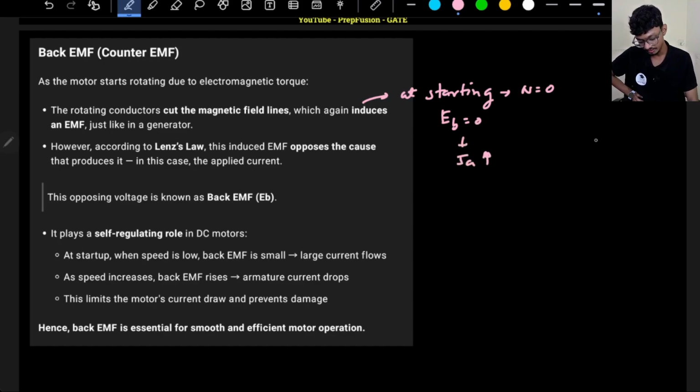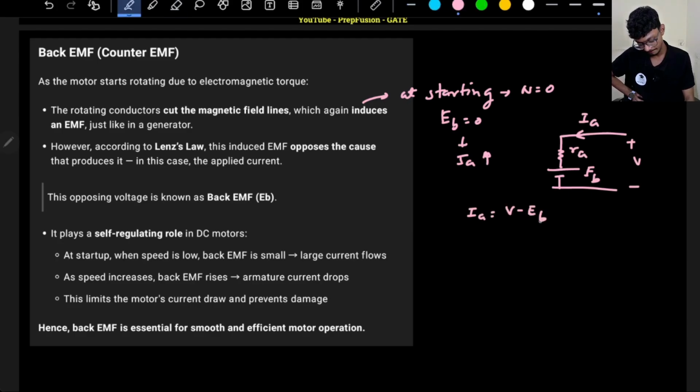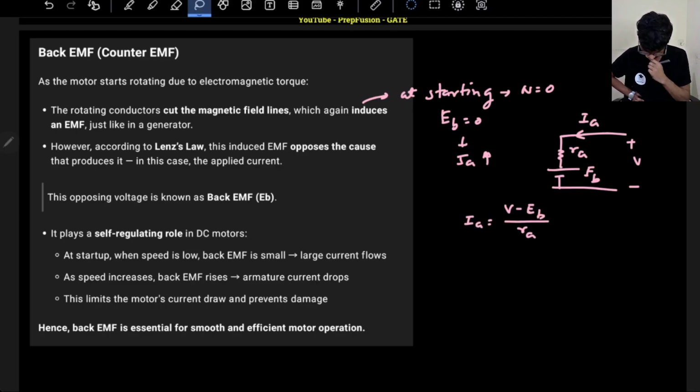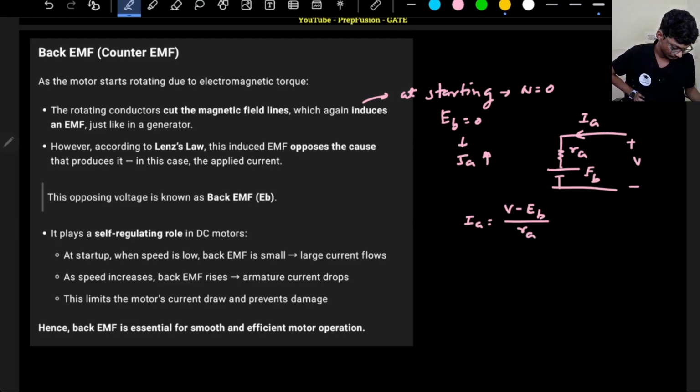Because I am providing the supply V to the motor with back EMF Eb, so Ia will be V minus Eb by R. This is my Ia basically.